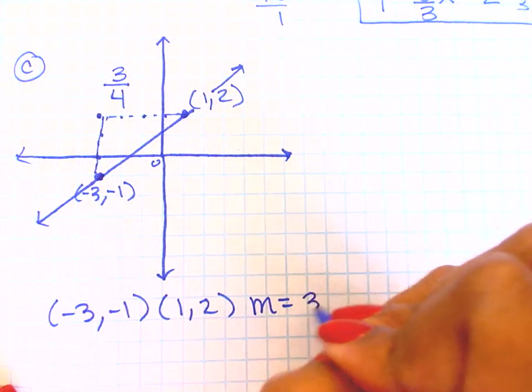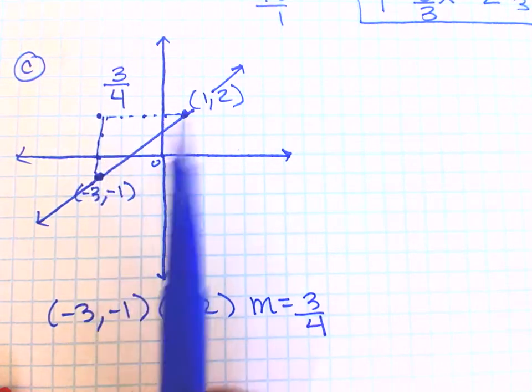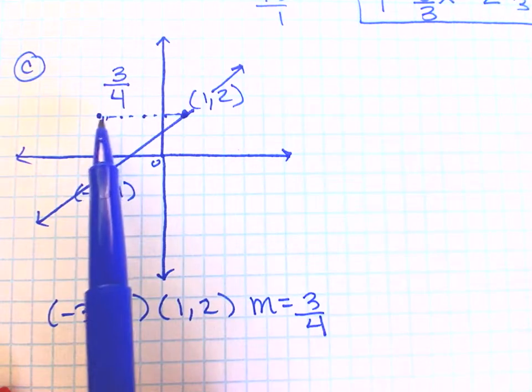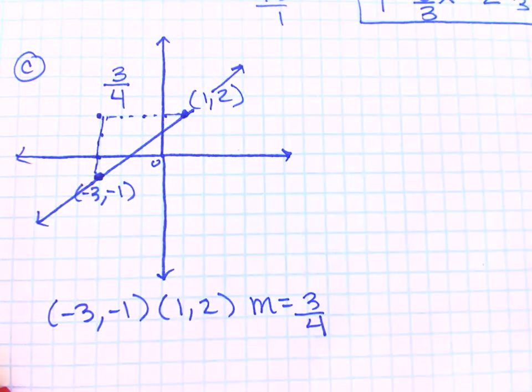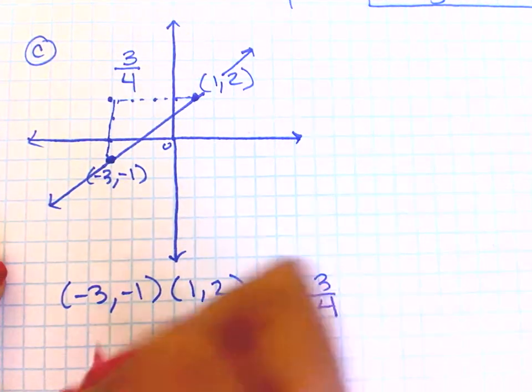So my slope is 3/4. I went from this point to the other point. I went up 3 units to the right 4 units. So I have 3/4. Rise over run. That means either going up or down and then going left or right. So now, what's point slope form?